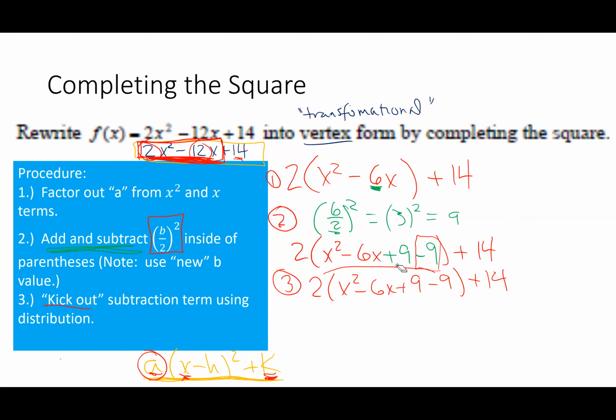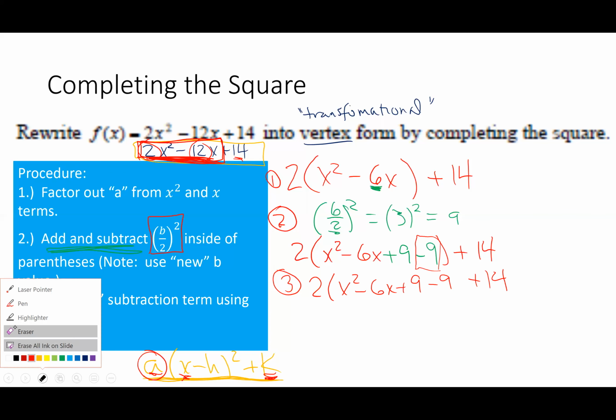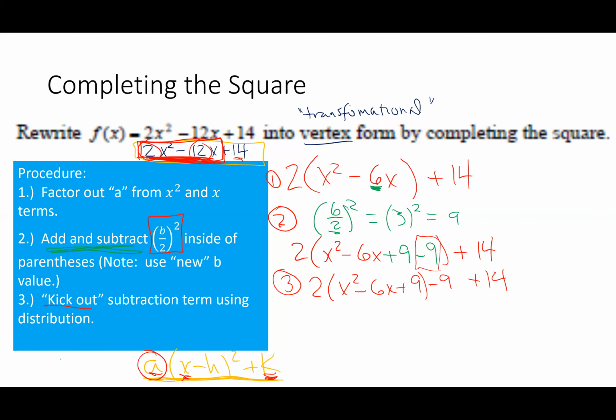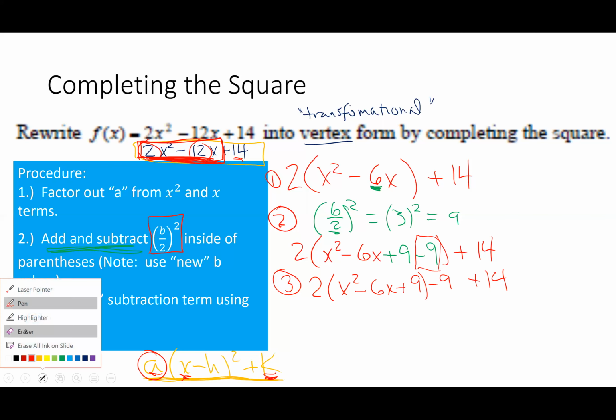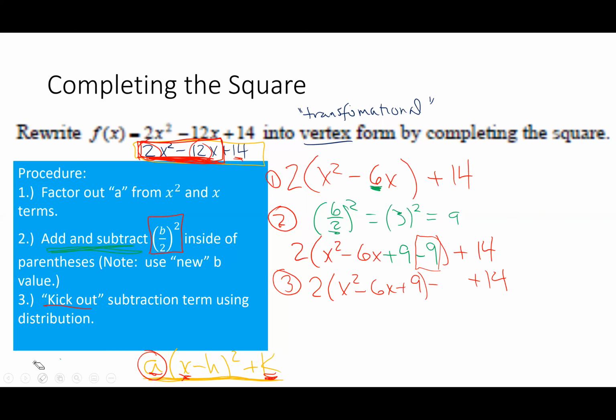And when I've done that, I've kicked it out, but I distributed the 2 to it. So I didn't actually just kick out this negative 9, I kicked out a negative 18. And now we'll collect up these guys. So the negative 18 and the 14 collect to -4.